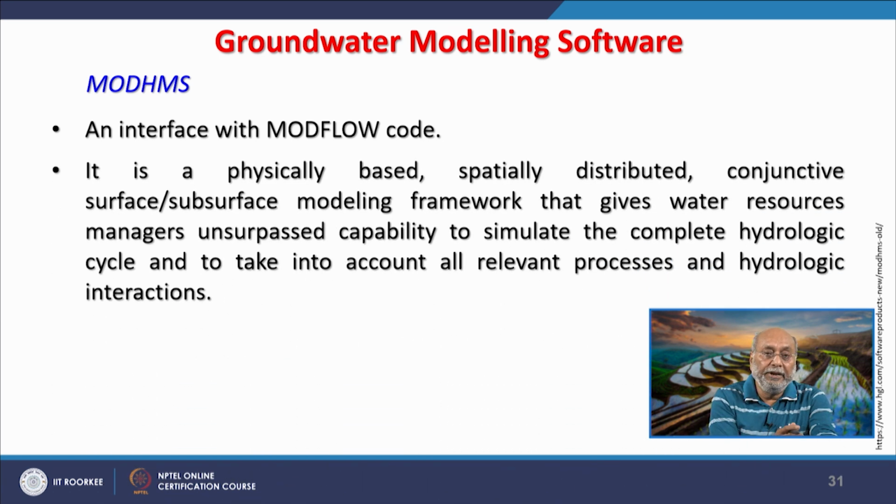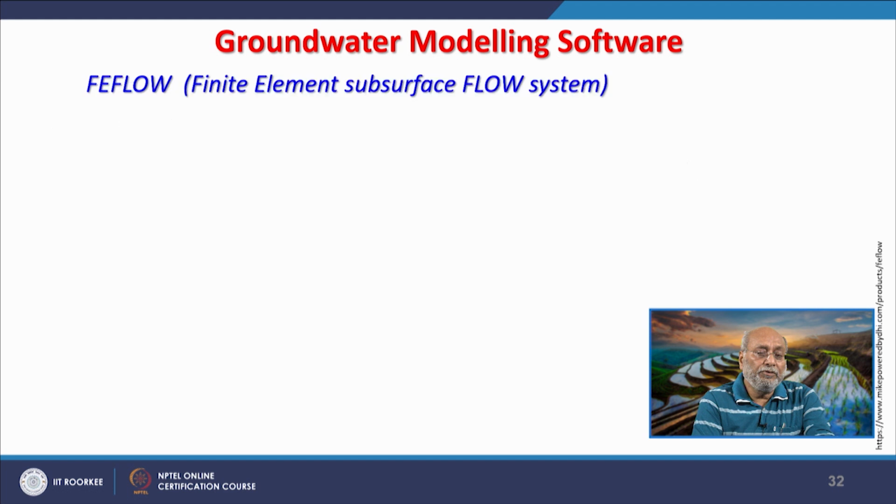It will interface easily with the MODFLOW code, and it is a physically based, spatially distributed model and a conjunctive subsurface modeling framework, which gives water resources managers unsurpassed capability to simulate the complete hydrologic cycle and to take into account all relevant processes and hydrologic interactions. In that way it incorporates almost all requirements for modeling.